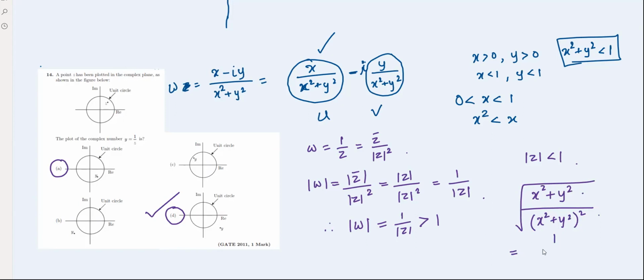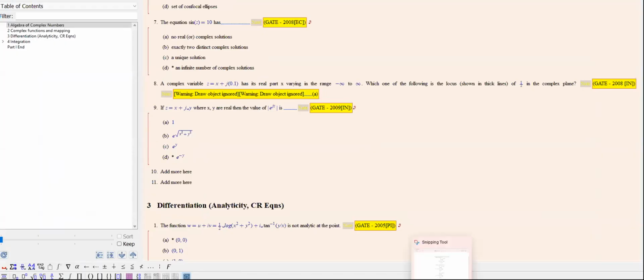Now x square plus y square is less than 1, so this will be greater than 1. That is the modulus. So a point here in the first quadrant will be plotted here, outside the unit circle in the fourth quadrant, by this transformation.